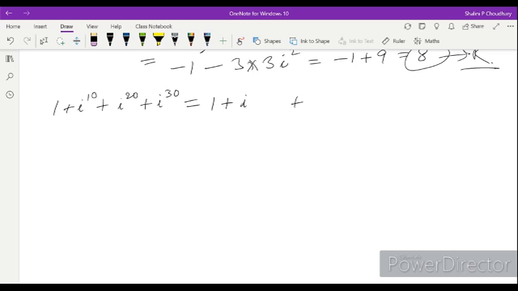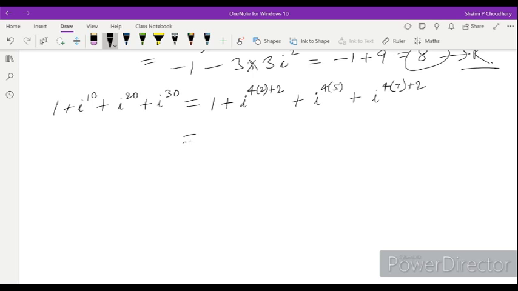And we can also write this in terms of 4n plus 1, 4n plus 2. So i to the power 10 can be i to the power 4 into 2 plus 2, and i to the power 20 will be i to the power 4 into 5, plus i to the power 30 which is 4 into 7 plus 2.